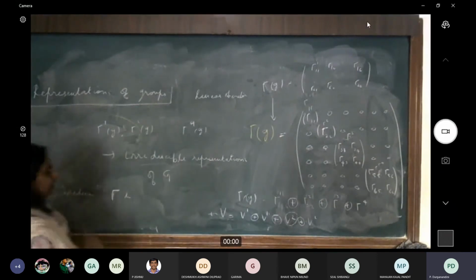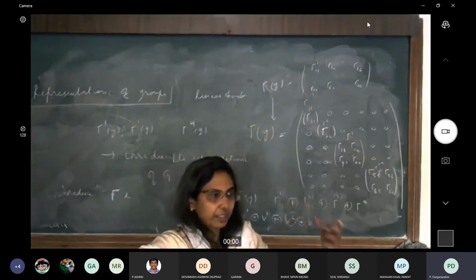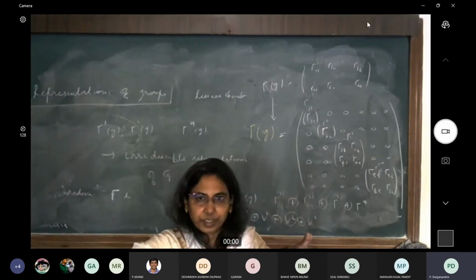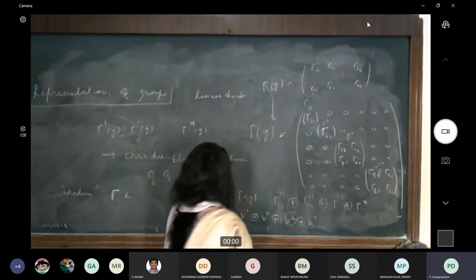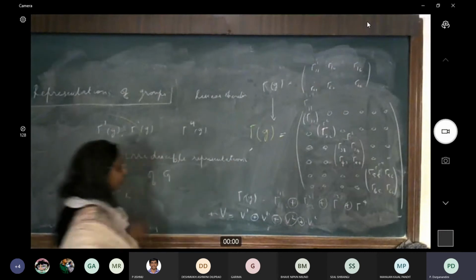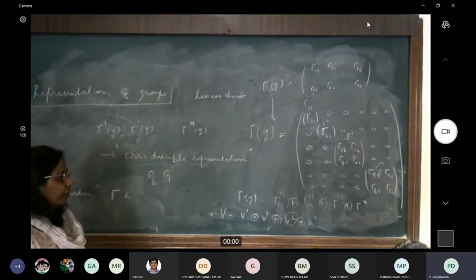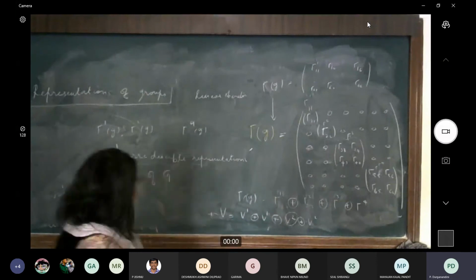So as I said, let me go back to what we want to do. Mathematically, we want to find all possible representations, but now I can boil it down to finding all possible irreducible representations. Because if I know all the possible irreducible representations, then I'm done, because any other representation can be simply constructed as a direct sum of these.